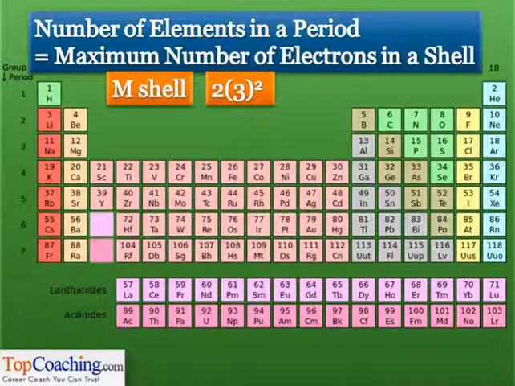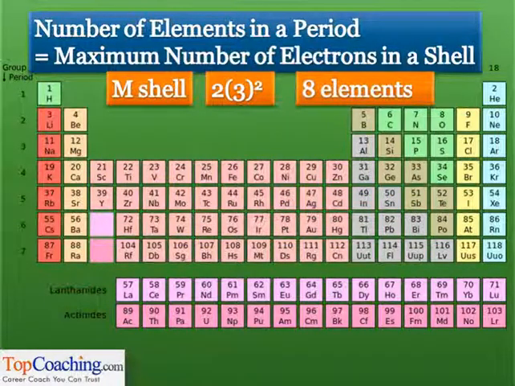However, we know that the valence shell can have only 8 electrons, isn't it? We had learnt earlier that though the maximum possible number of electrons in the M shell is 18, it actually holds only 8 electrons because of the stability of 8 electrons in the valence shell. Therefore, only 8 electrons can be present in the M shell, and so the third period has only 8 elements.